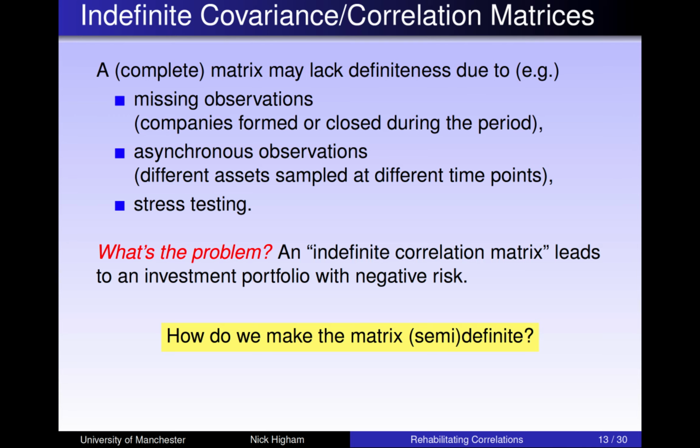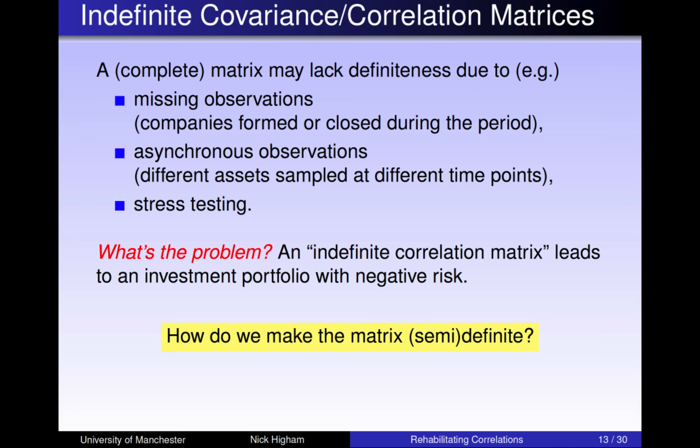So what is the underlying cause of these problems then, of the lack of definiteness? Well, there are several possible reasons. One is missing observations. So your underlying data may just have some gaps. For example, if this is stock data, there may be companies that were formed during a period, but you don't have data for the company at the start of the period, or if the company is closed at the end of the period.